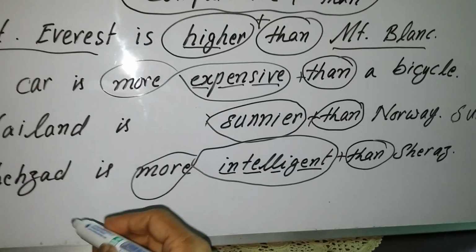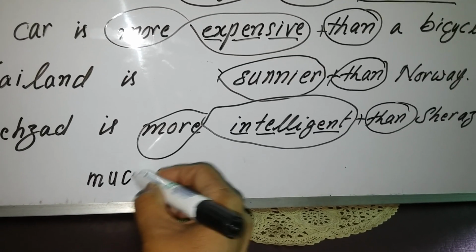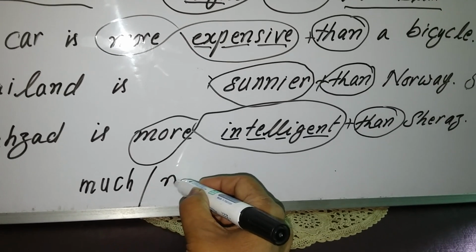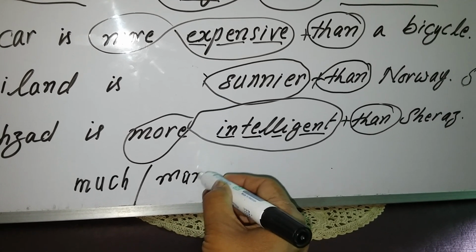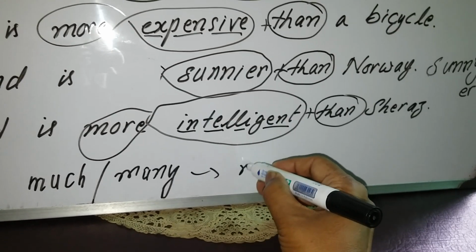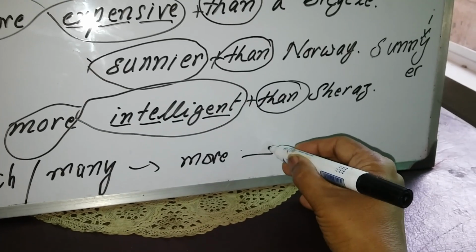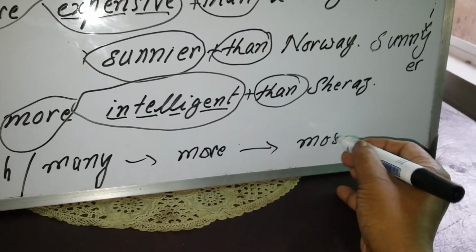Why? Because much or many is the first form, more is the second form, and most is the third form.